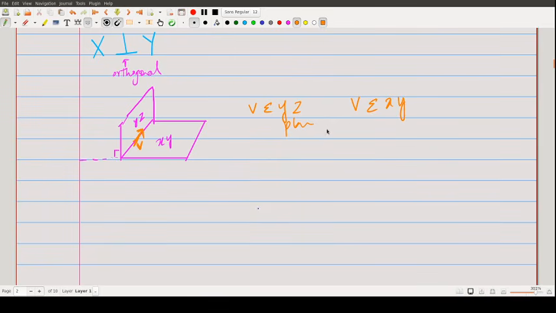Let's suppose it's 0 1 0, so this vector will be on the y-axis, which is common to both of these planes.